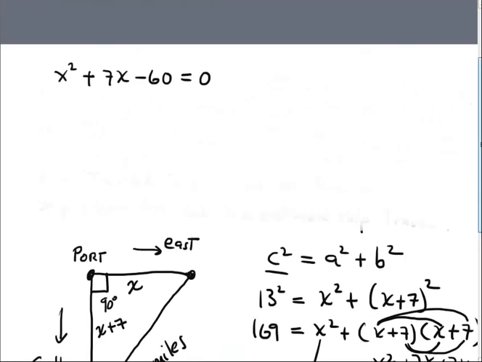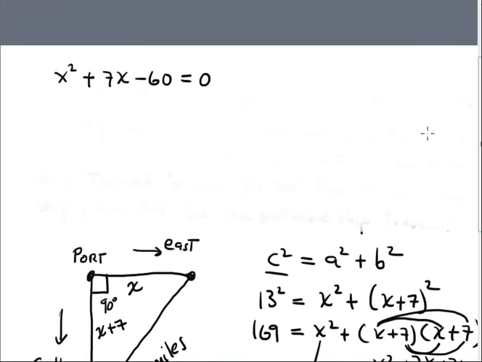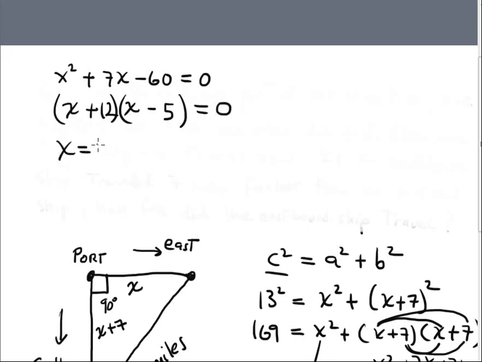Let's solve it by factorization. Why not? The combination is x, 12, and 5, because 12 times 5 is 60, and 12 minus 5 is 7. What sign? Different signs. 12 is positive, 5 is negative. Equal to 0. So we have two solutions. The first solution is negative 12, and another solution is positive 5.